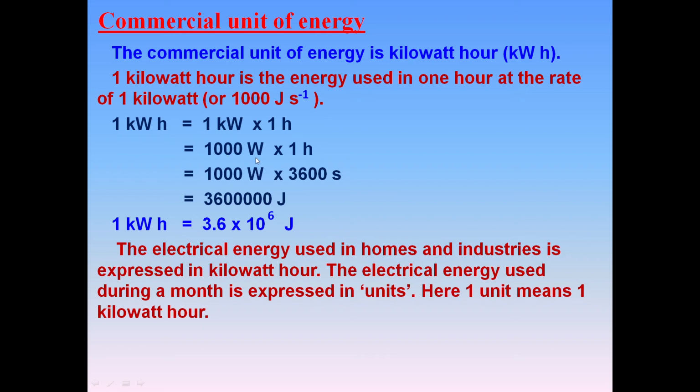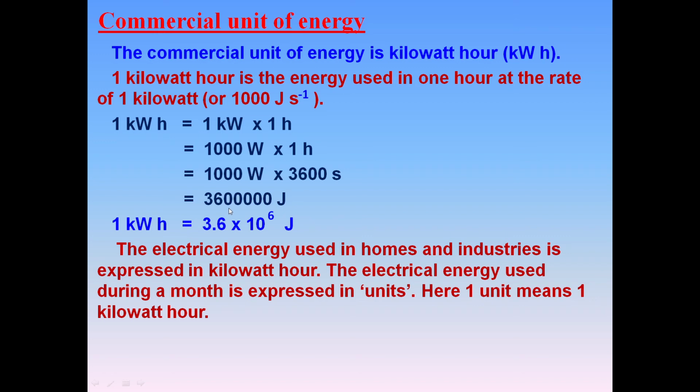So in place of 1 kilowatt, it is written here 1000 watt multiplied with 1 hour, and again this 1 hour is equal to 3600 seconds. So you multiply 1000 with 3600, then you are getting 36 with these 5 zeros joules. So it is 36 into 10 raised to power 5 joules.